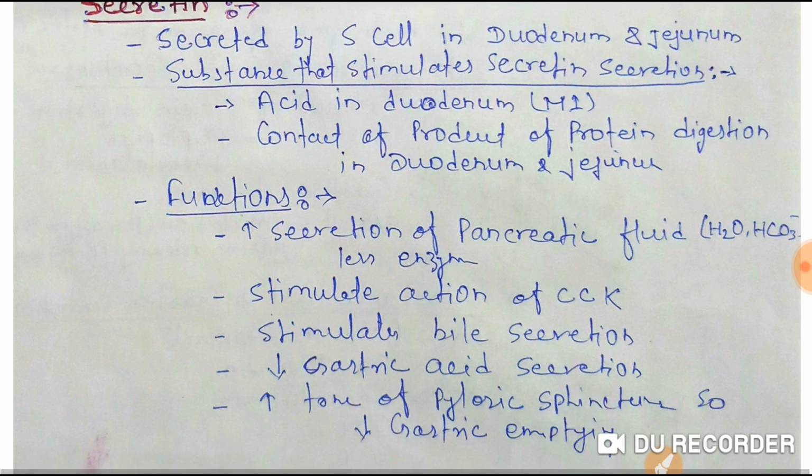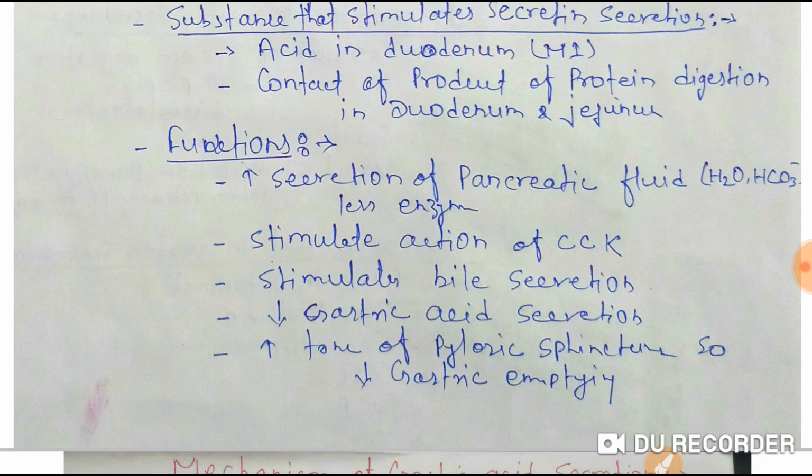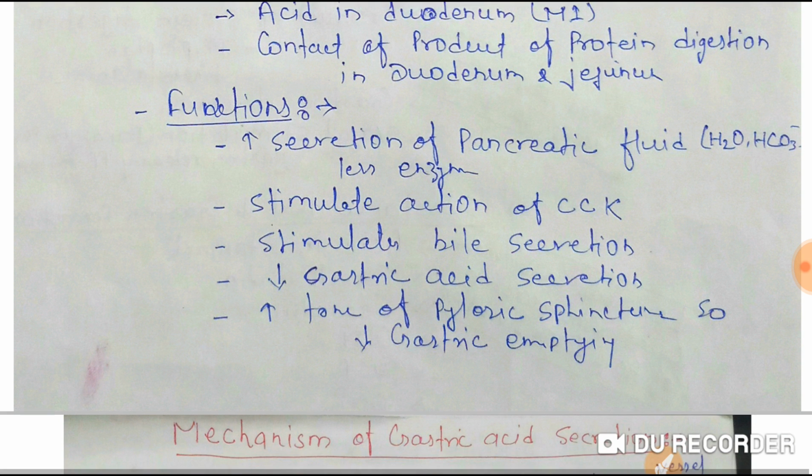The function of secretin is increased secretion of pancreatic fluid, which includes water, bicarbonate, and the enzyme lipase. It stimulates the action of CCK, stimulates bile secretion, decreases acid secretion, and increases tone of the pyloric sphincter, so decreases gastric emptying.